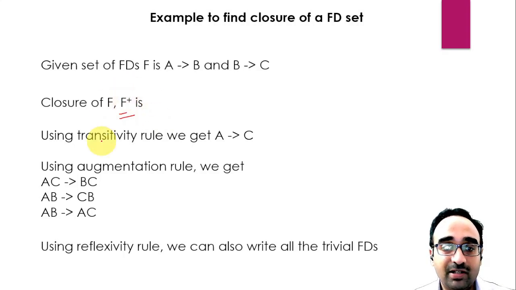Then you can apply the Armstrong axiom, which is the transitivity rule: if A to B and there is B to C, then you can say there is an FD A to C. So F closure contains this one. How did you get this one? By applying the transitivity rule.